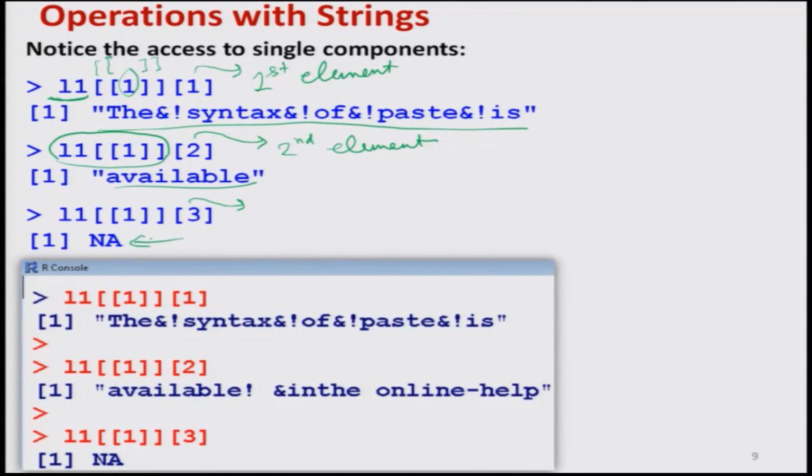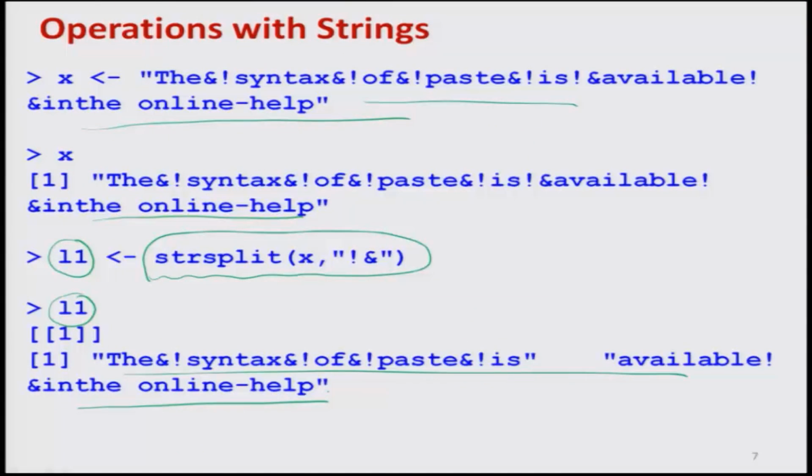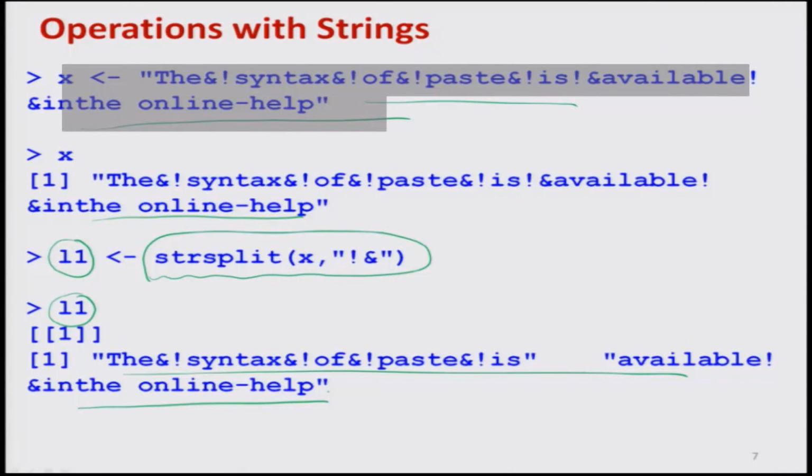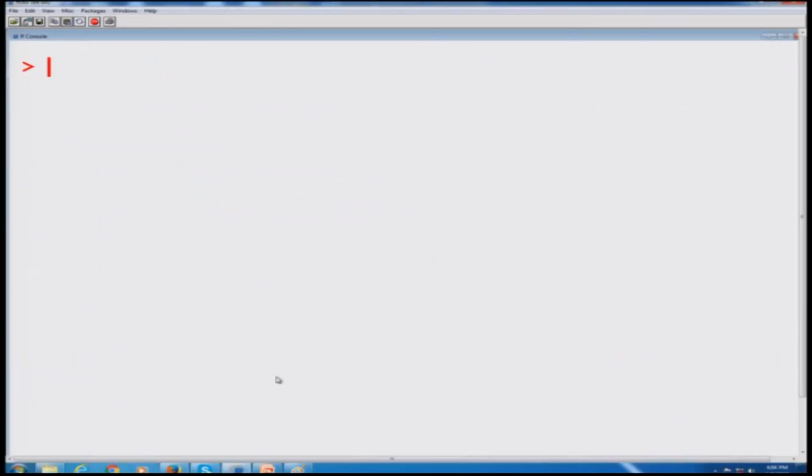Let us see over the R console what happens with this. First let me have this statement over here and store this. First I have to copy this x because now this x is also changed.